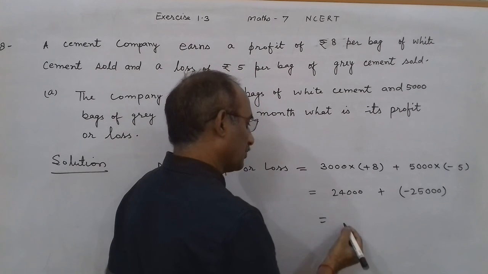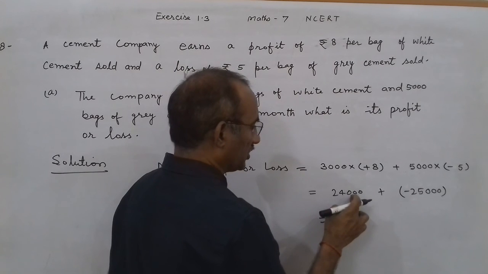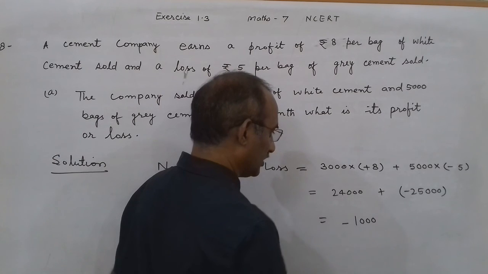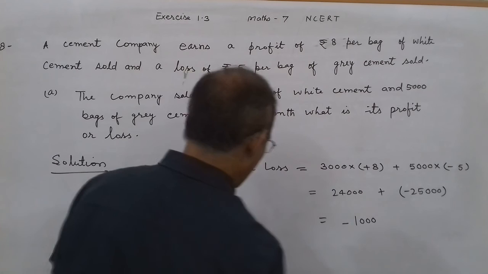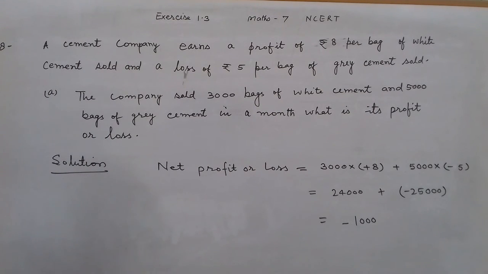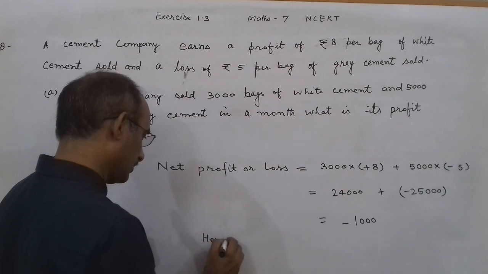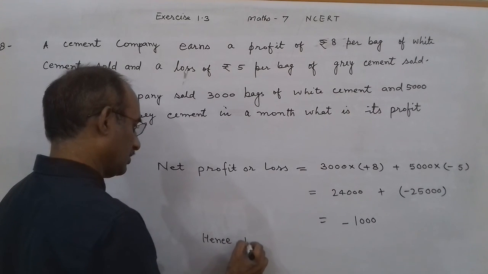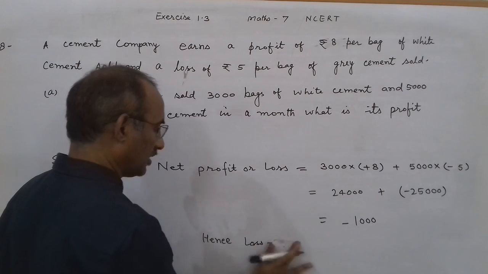So we put a minus sign here and then subtract 24,000 from 25,000. So we get 1,000, with negative sign. So it is a loss to the company. Hence, loss equals rupees 1,000.